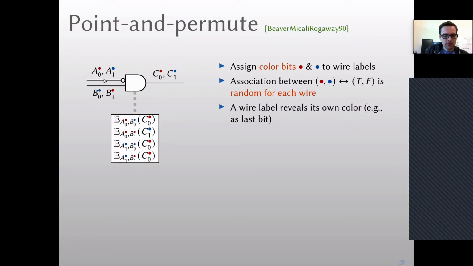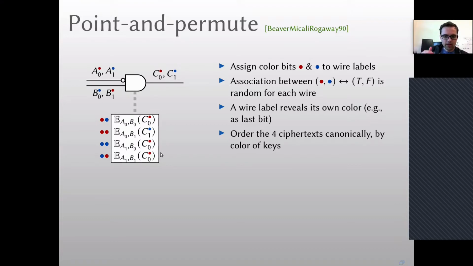So if we have wire labels like that, then we can rearrange these ciphertexts according to their colors, not according to their subscripts or true and false. This is what the 4 ciphertexts look like if I arrange them according to true and false. But Beaver, Micali, and Rogaway say don't do that.